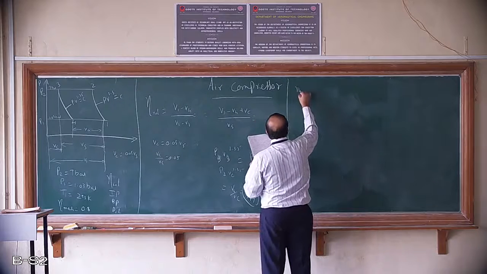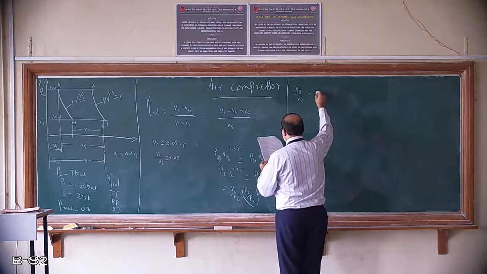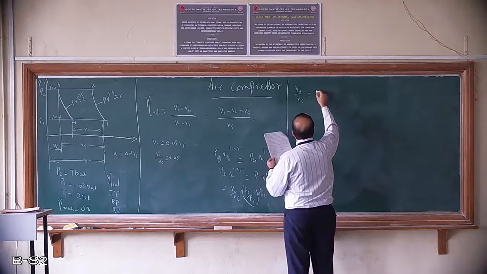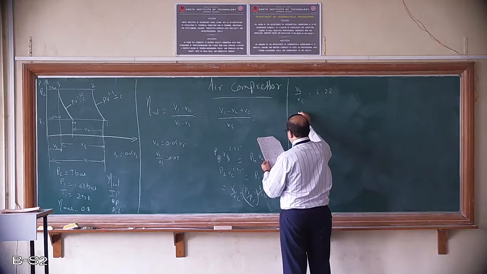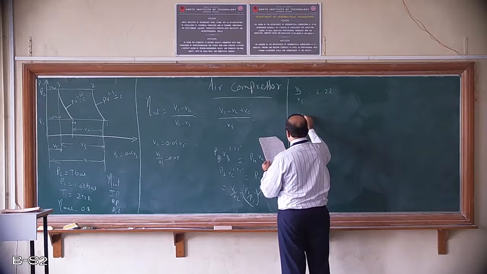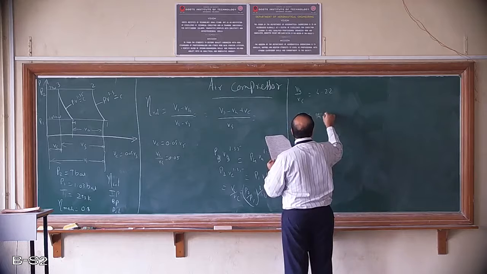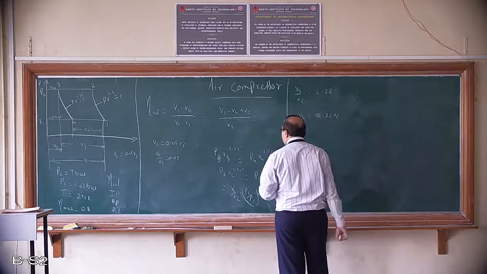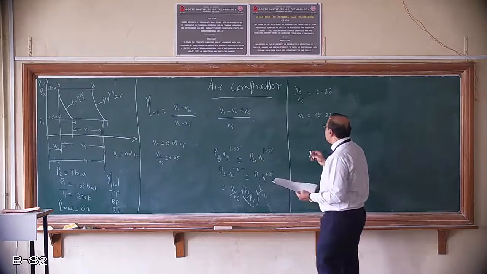So V4 by VC is equal to 4.22, or V4 is equal to 4.22 VC. So here instead of V4 we can substitute it as VC.